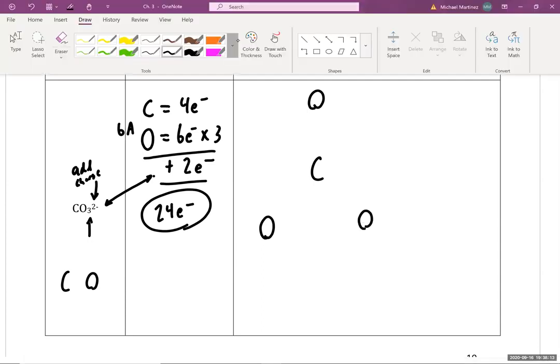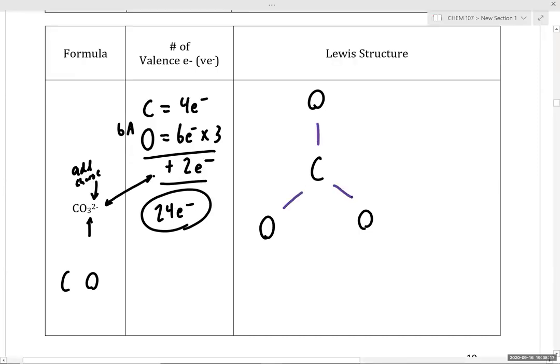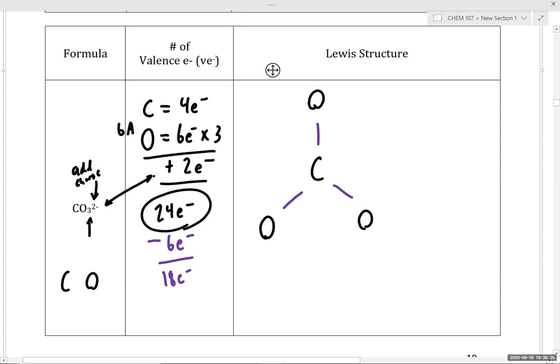Then, now that we have our skeleton, we form 1 bond each. We subtract 2 electrons per bond, so 6 in total, and that gives us 18 electrons. Now, where do we place our 18 electrons? Are there atoms with an incomplete octet? Are there atoms that are unhappy right now?